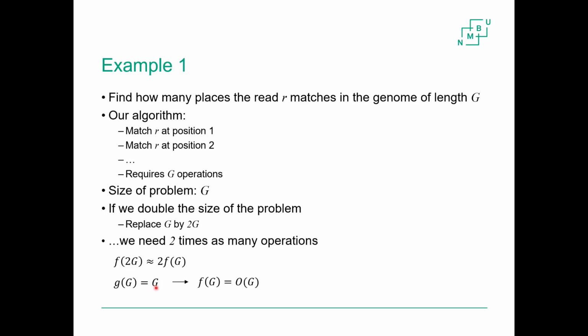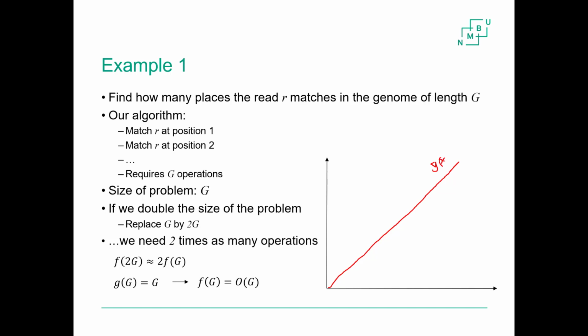So we can write the running time of this matching algorithm as big O of G. It grows linearly with the size of the genome. It's actually a straight line like this, right? Oops, it's not so easy to write with this mouse here.